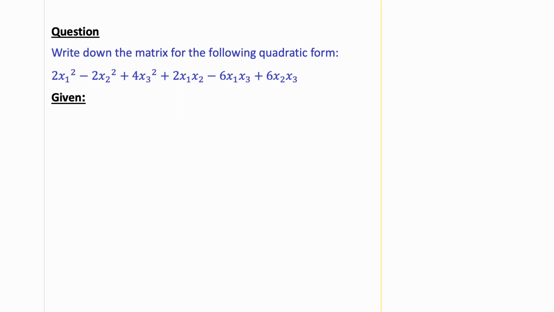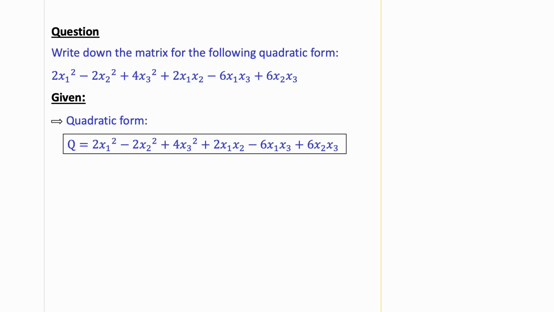The given data is the quadratic form Q equal to 2x1 square minus 2x2 square plus 4x3 square plus 2x1 x2 minus 6x1 x3 plus 6x2 x3. We have to find the matrix for the given quadratic form.